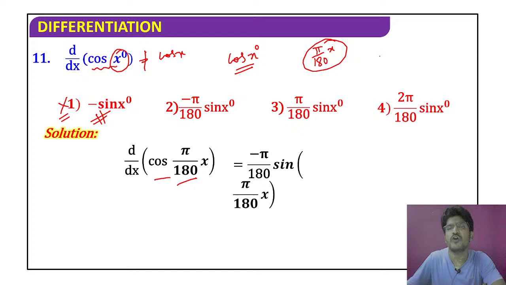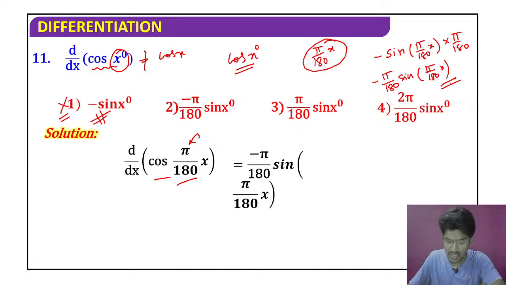So differentiation of cos is what? Minus sine of pi by 180 into x. And here I should write pi by 180, the coefficient of x. So therefore, the answer will be minus pi by 180 sine of pi by 180 into x. This is going to be our answer. Clear?